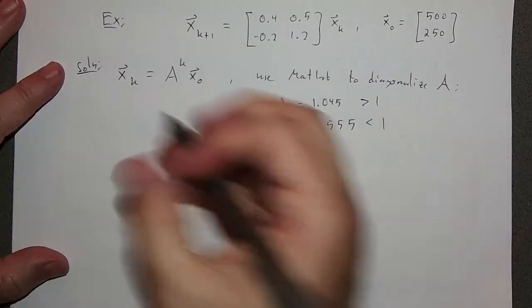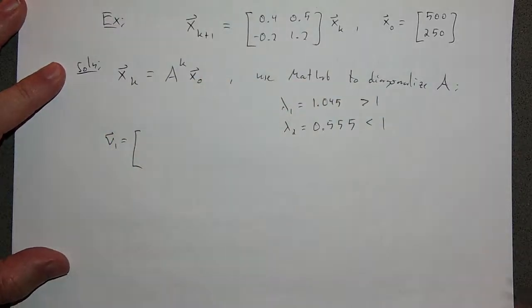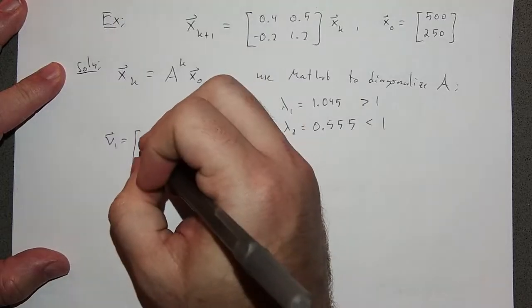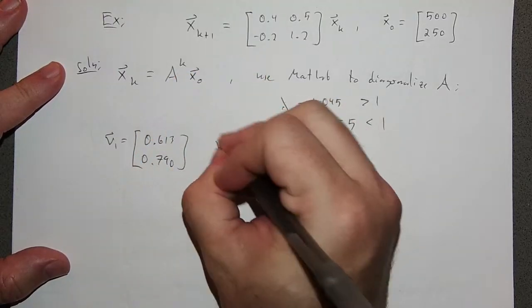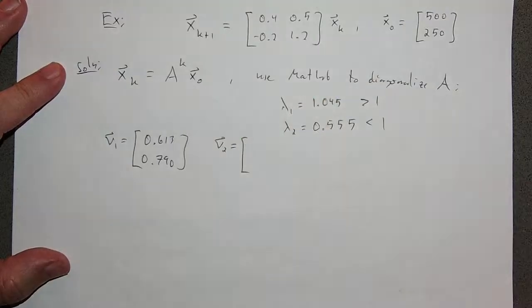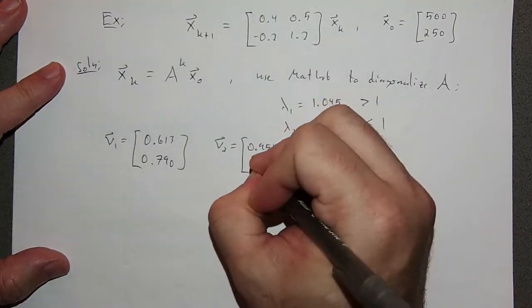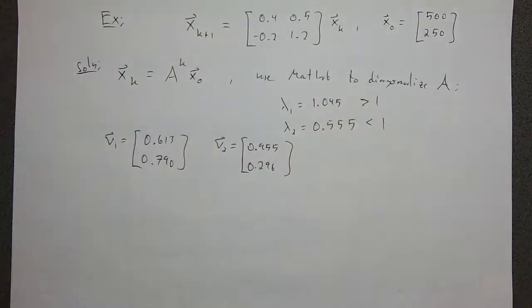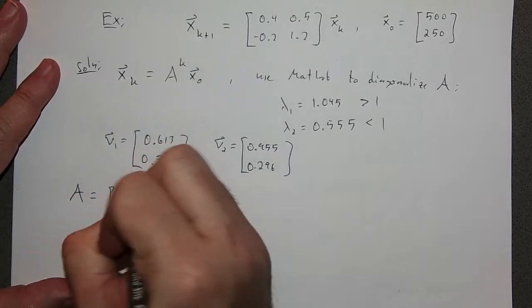What's the associated eigenvector v1? The associated eigenvector v1 is 0.613, 0.790. The associated eigenvector v2 is 0.955 and 0.296. Okay, so I can diagonalize A using these.